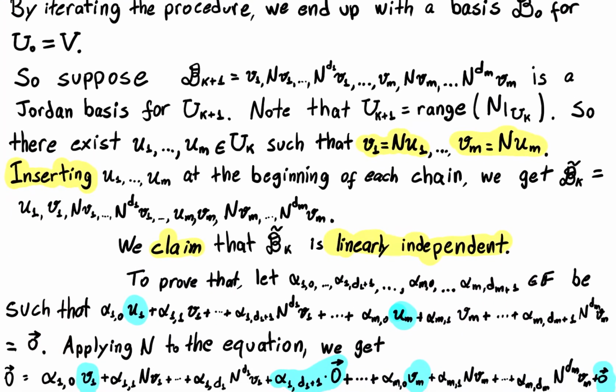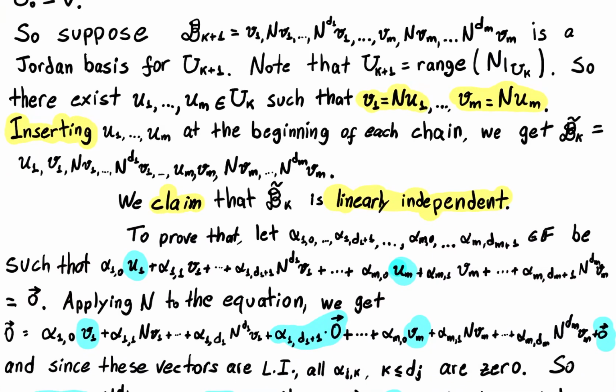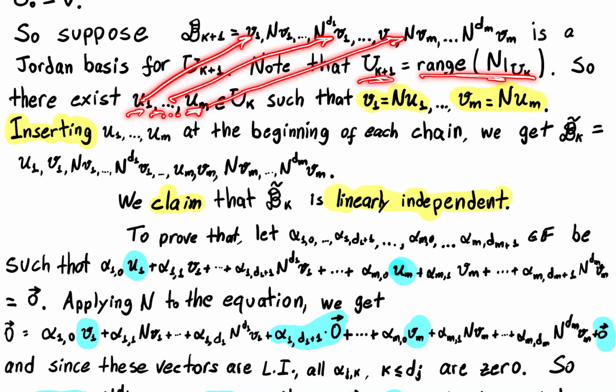Okay? Can we continue? Let's continue. So, since U_{k+1} is the range of n restricted to U_k, we know there exist u_1, u_2, ..., u_m, such that if you apply n to these vectors, you get these vectors. So what we're doing here is we're adding more vectors at the beginning of these chains.